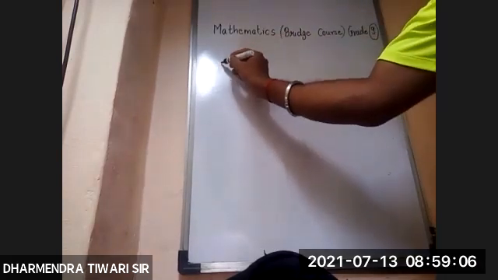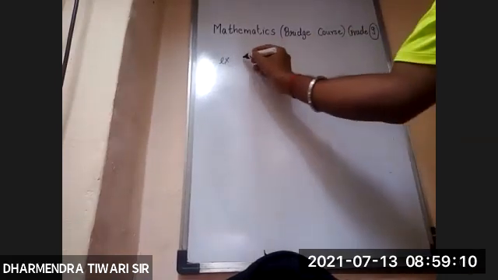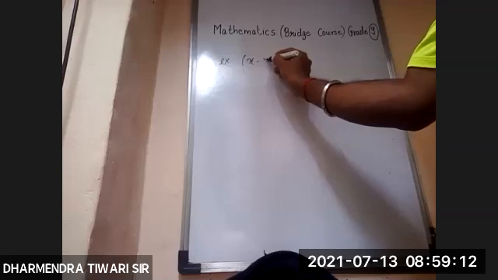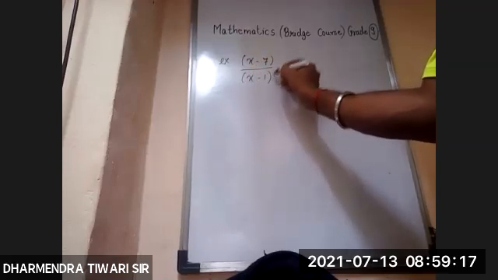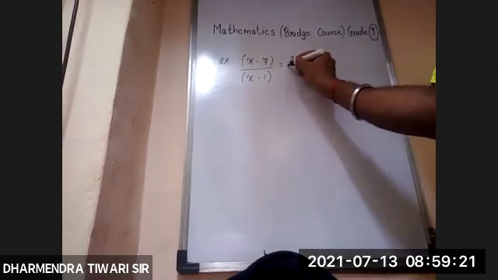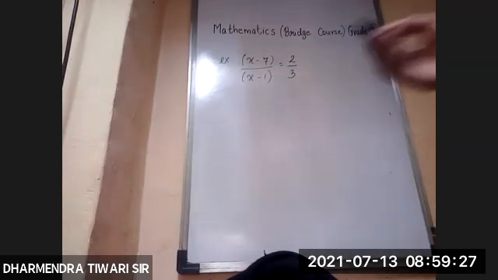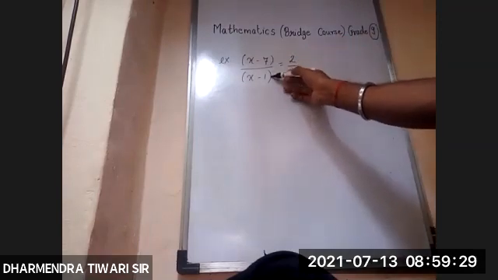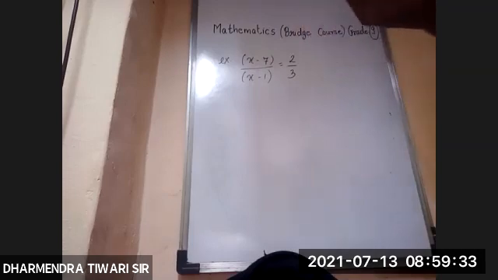Say, for example, we have x minus 7 upon x minus 1 is equal to 2 by 3. Now we can see that we have an expression in which we have a numerator and denominator on both sides, left hand side as well as right hand side of the equation.